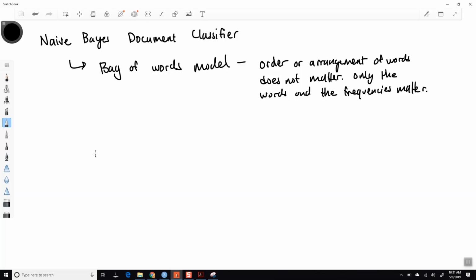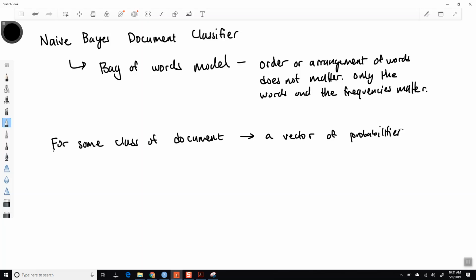And so basically, under this model, for some class of document, we'll have a vector of probabilities for each word, a vector of word probabilities.